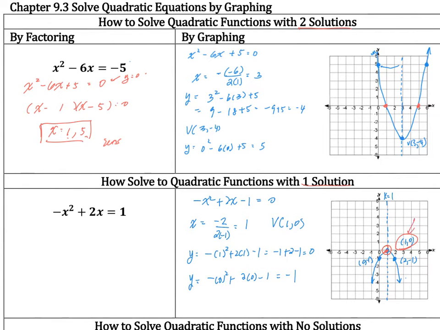So this has to be your solution, x equal to 1. And when we factor this, we should get something similar, or the same. So x equals 1, which is your solution.